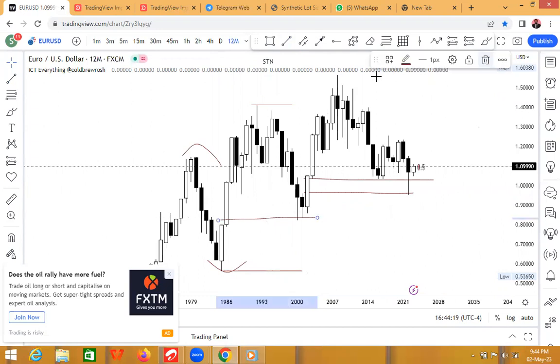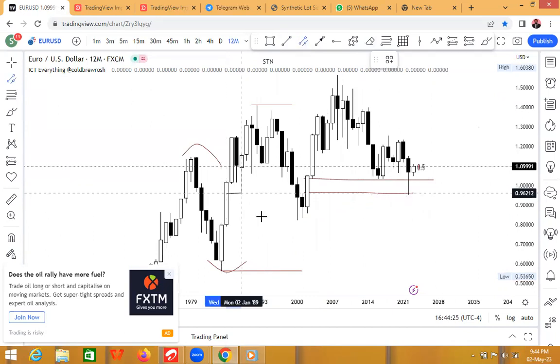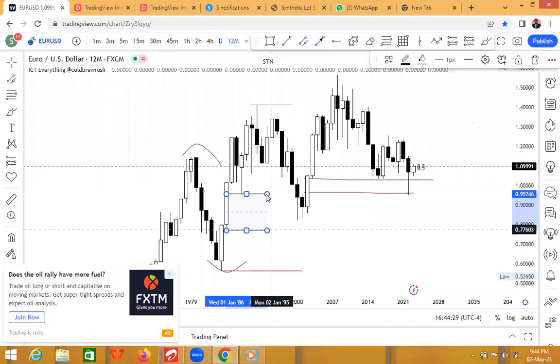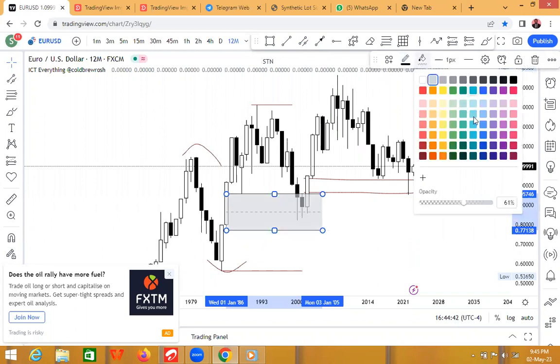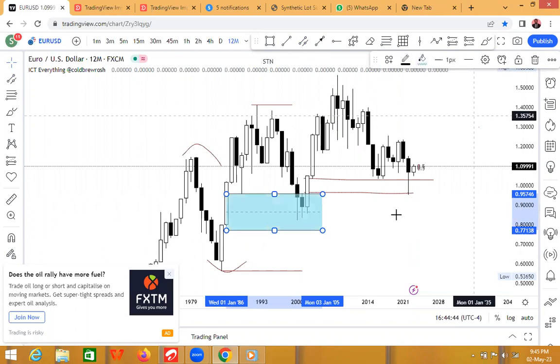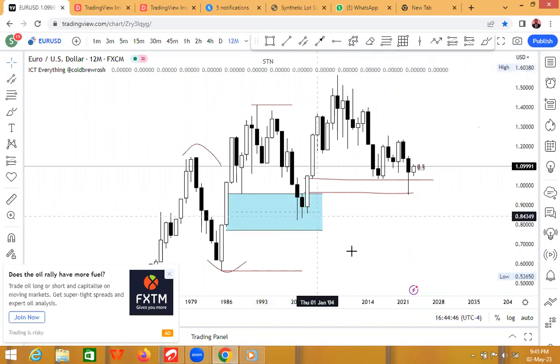So let me draw that imbalance. See the imbalance, from that week to this week. That was where price came into. What can you find? Price came to the 50% of that imbalance. You can see that 50%.